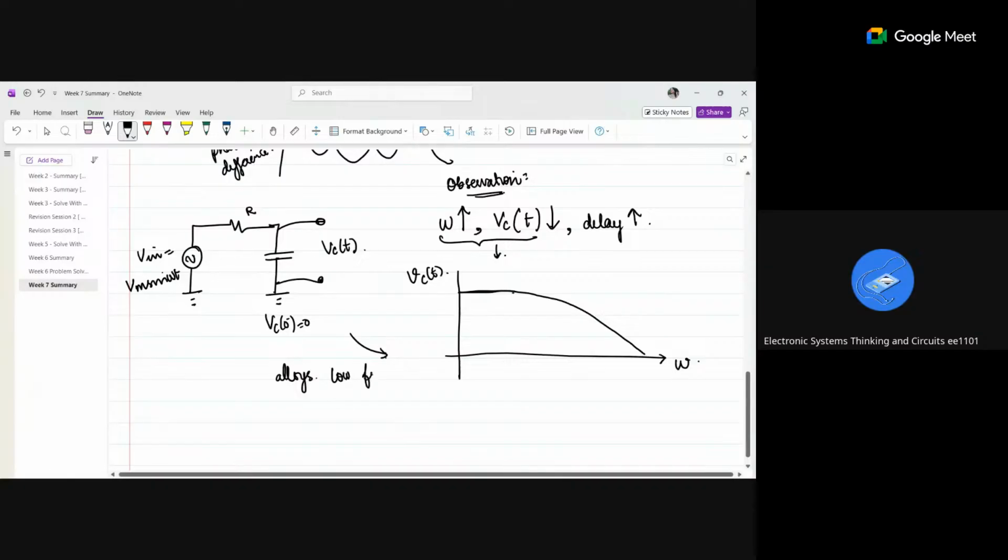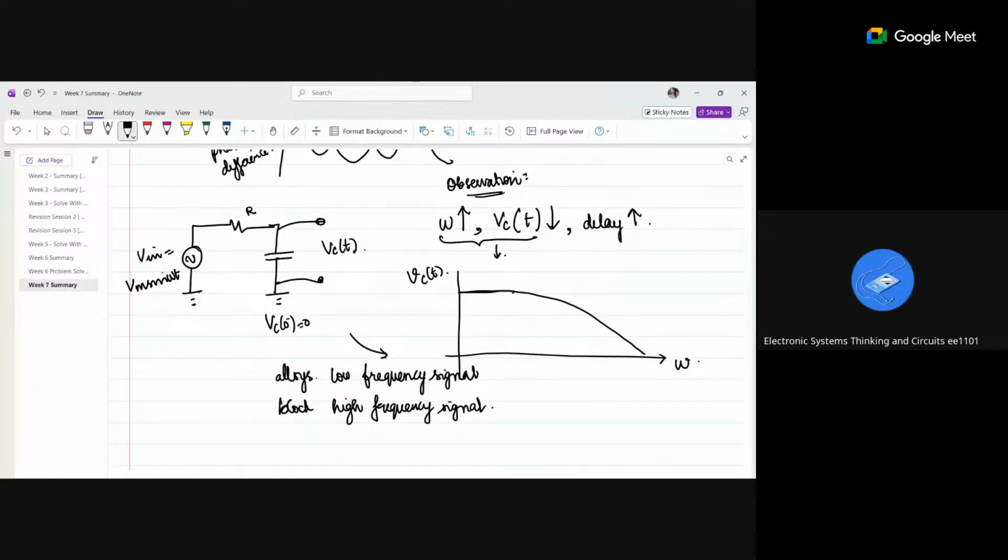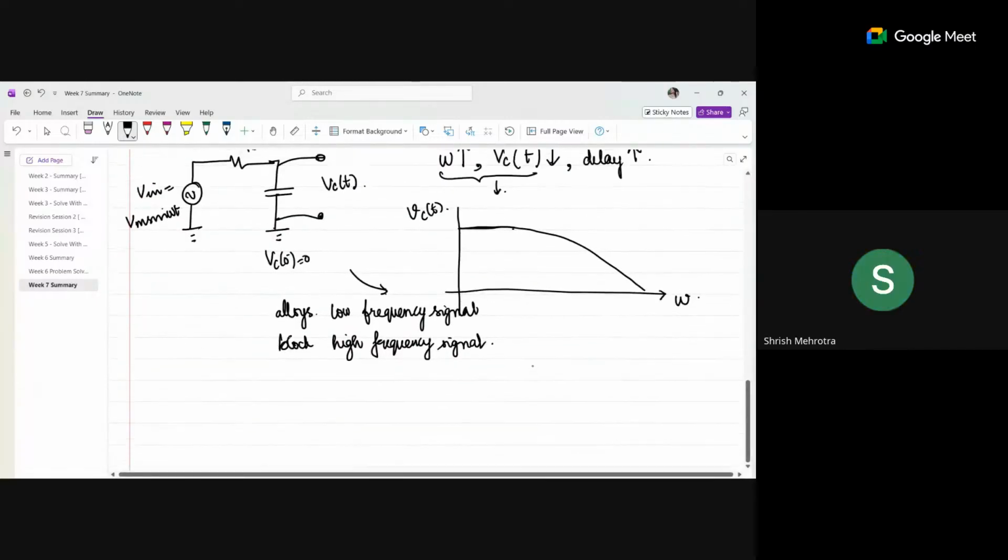It allows low frequency signals but blocks high frequency signals, right? Shall I say it from this graph? Yes, because when omega is maximum, then Vc of t will be 0.